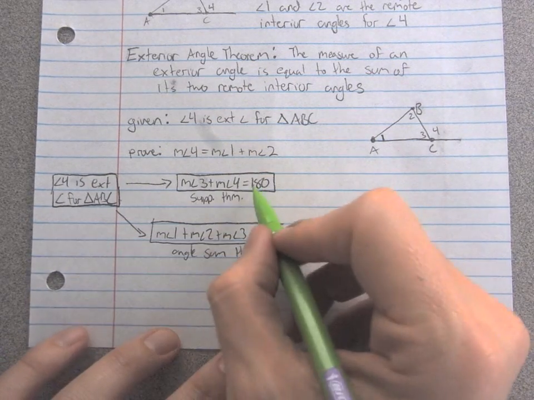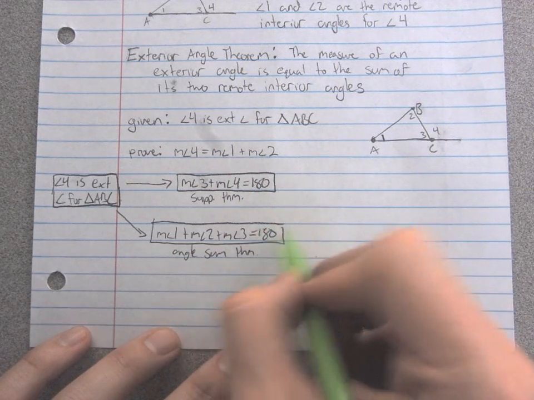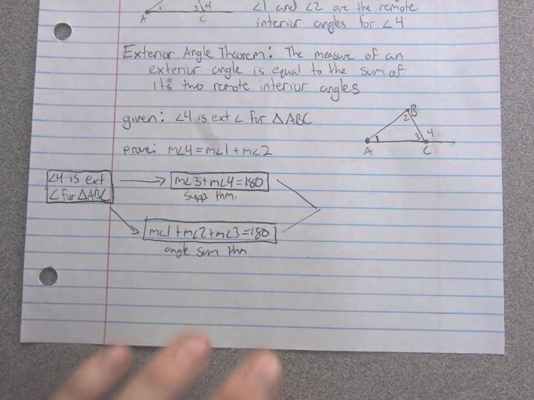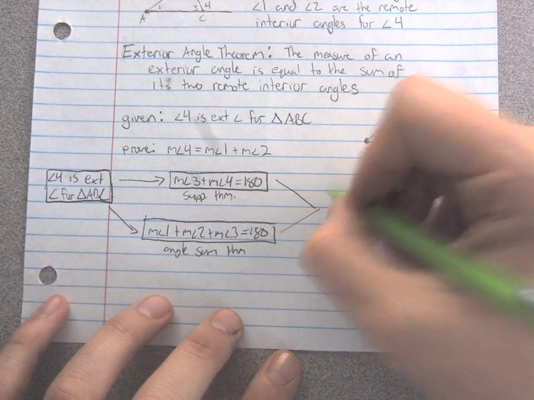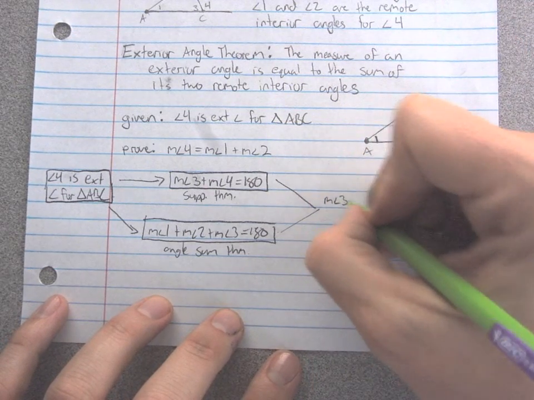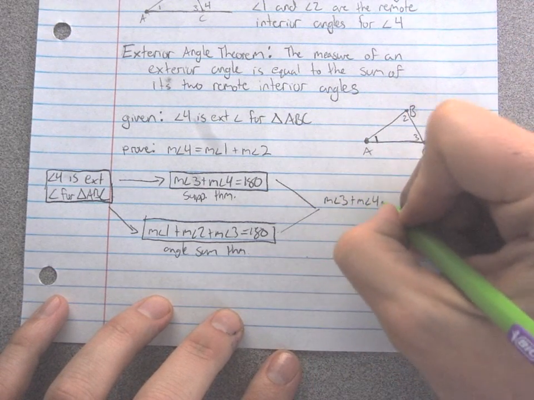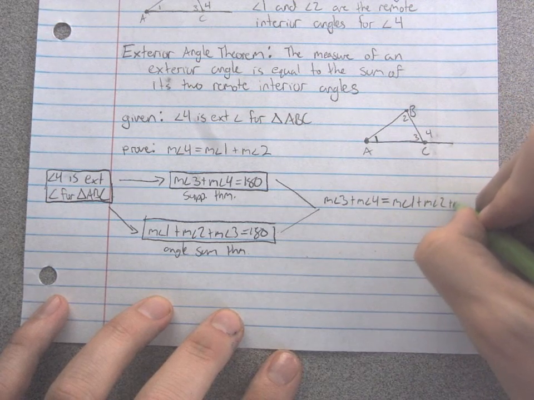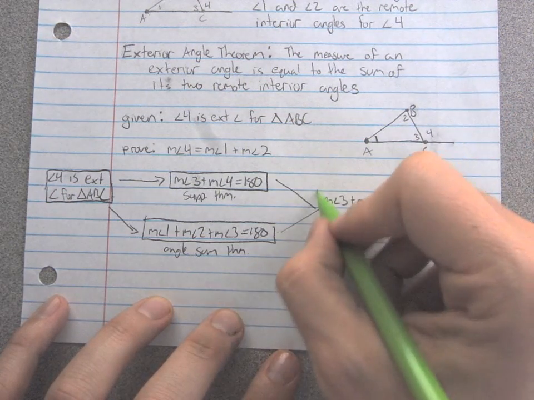All right, now notice I have 2 angles that add up to 180 and 3 other angles that add up to 180. And so what I'm going to do here is I'm going to put these back together with a substitution. I'm going to say that means that the measure of angle 3 plus the measure of angle 4 has to equal the measure of angle 1 plus the measure of angle 2 plus the measure of angle 3.